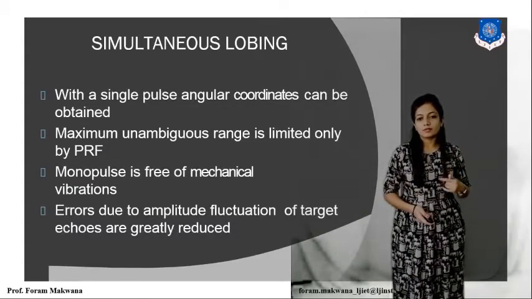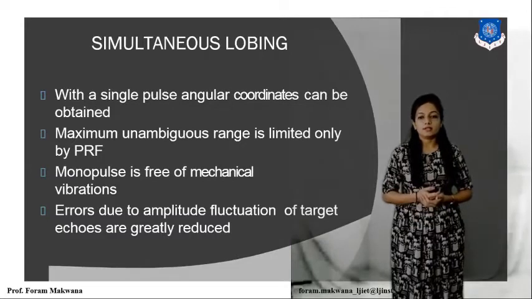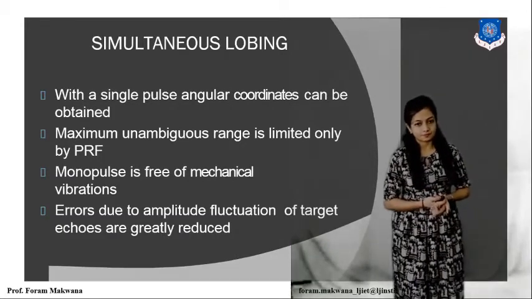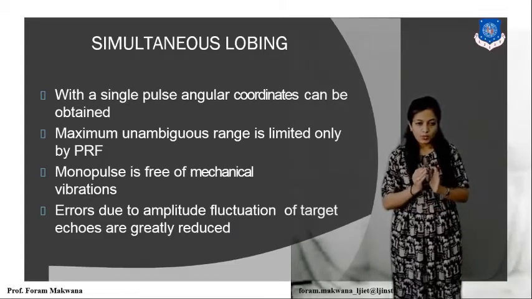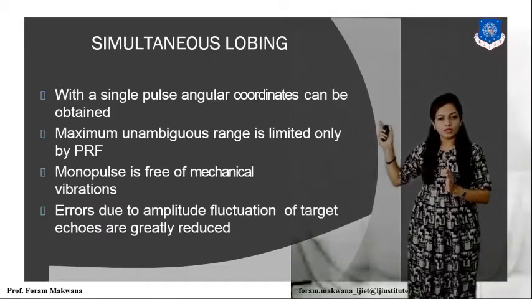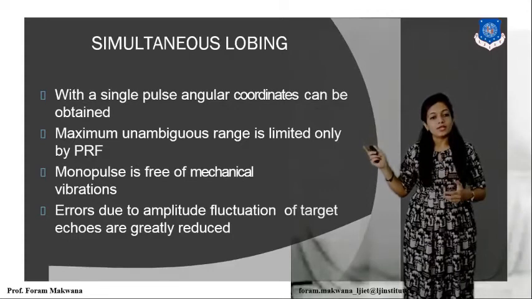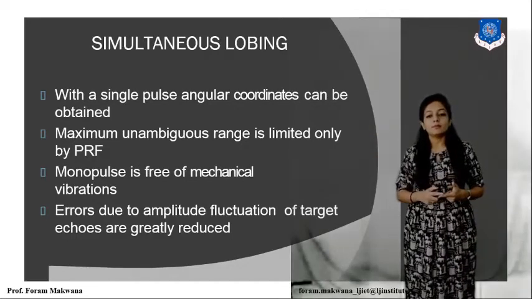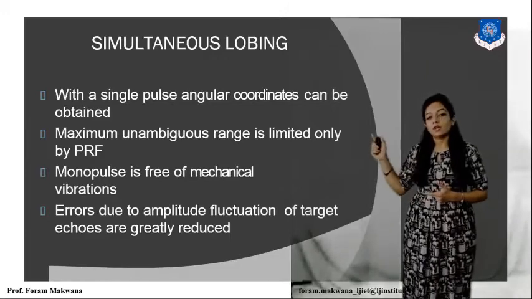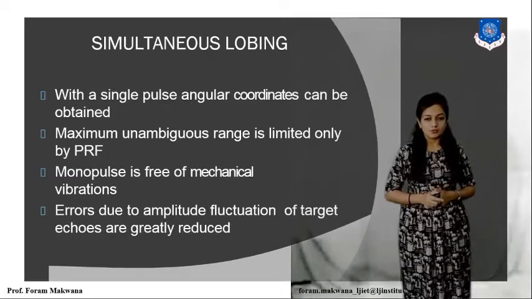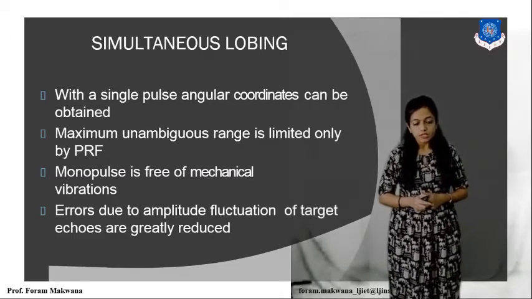Now the third one is simultaneous lobing. Now what does it mean? With a single pulse, angular coordinates can be obtained, so we are able to determine the maximum unambiguous range, but it is limited by the PRF, that is the pulse repetition frequency.